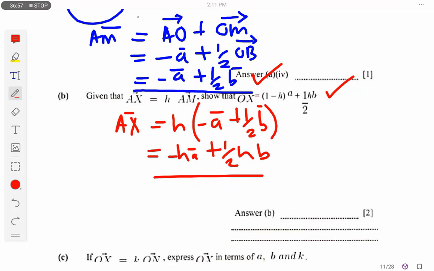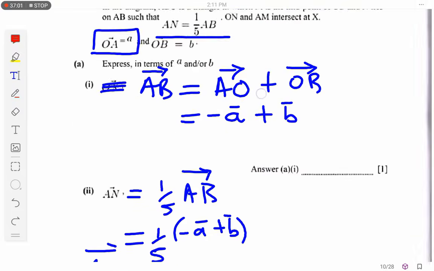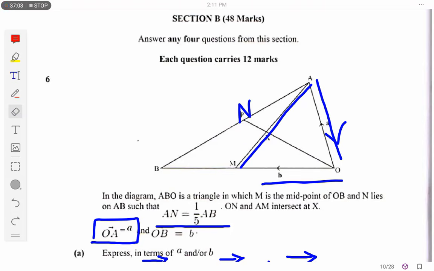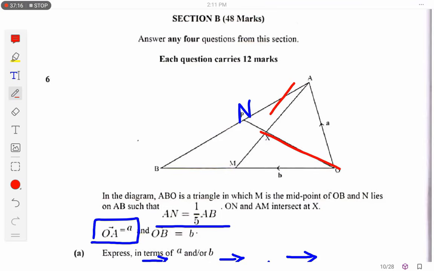Now let's look at how we can get OX. Where is our OX? Let's see our OX. This is our OX. How do we go to OX? Using AX. We are using AX there.